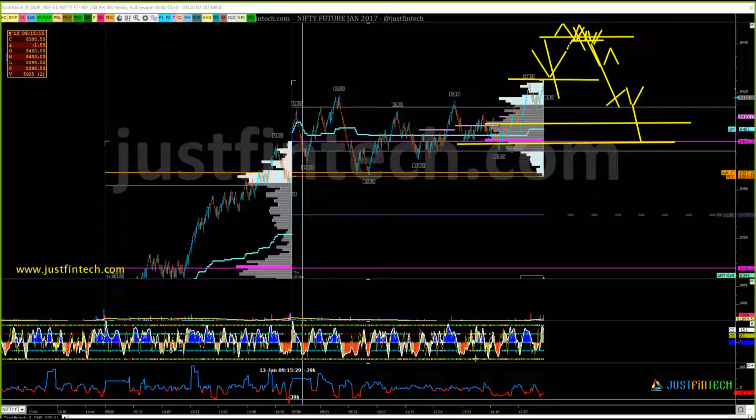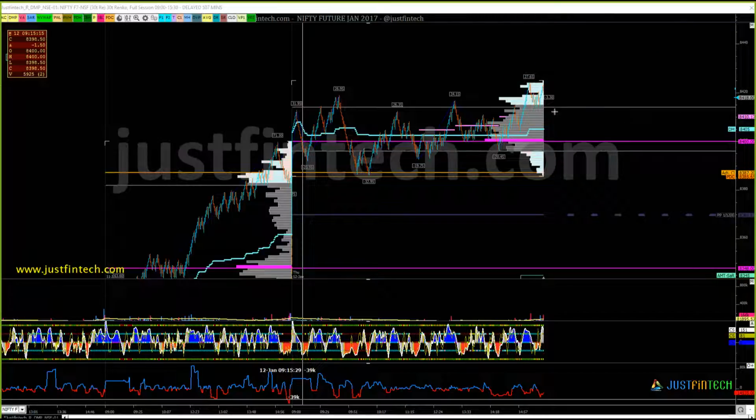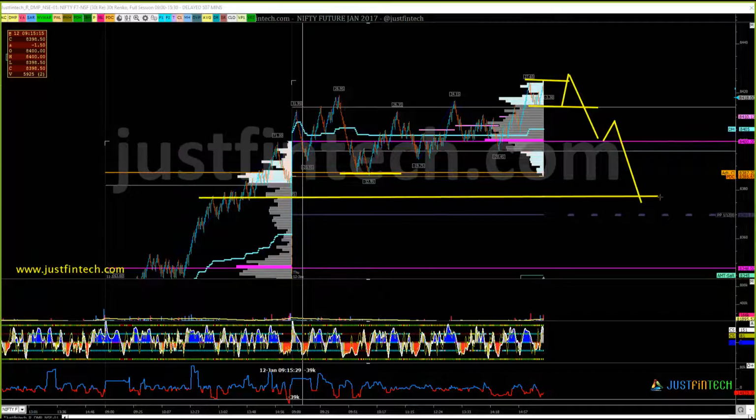The second scenario is that it opens in the range, in the value, so almost near the settle, tries to push back above the highs, fails and starts coming down, tries to push into the 400 zone, pulls back and then makes its way down, again the same thing, break of this 86 and go into the 75 zone and check for the demand there.